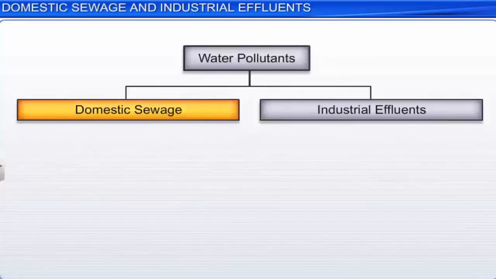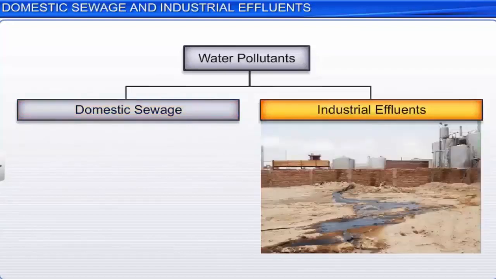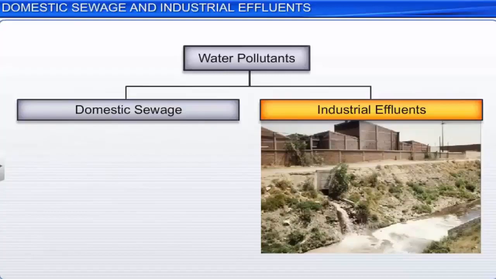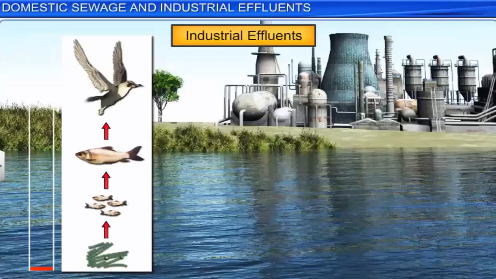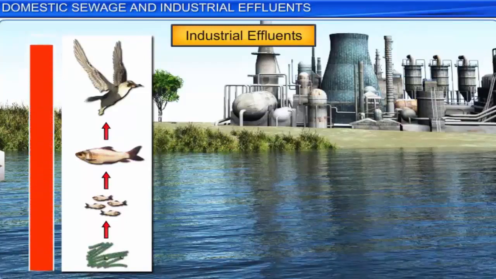Apart from domestic sewage, industrial effluents also pollute water bodies. Biomagnification is an increase in the concentration of a toxicant at successive trophic levels.